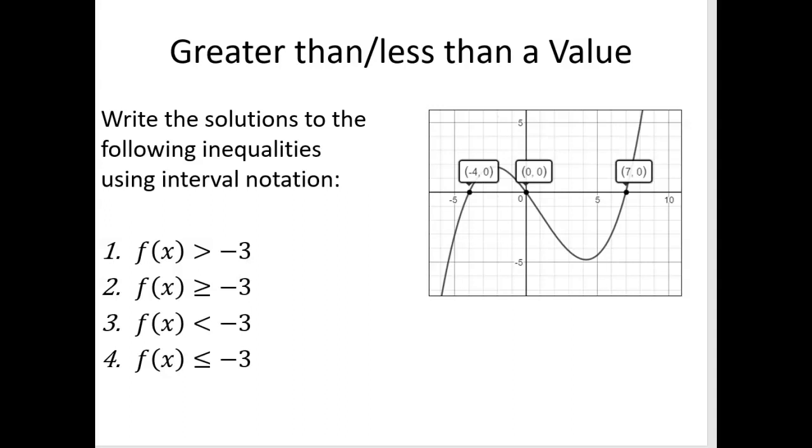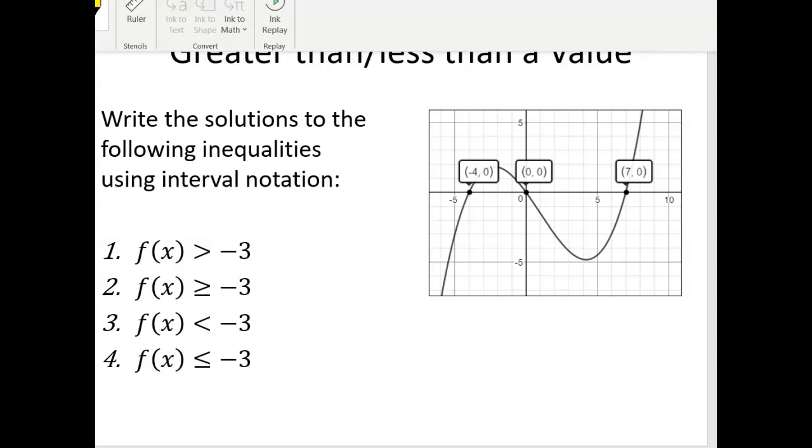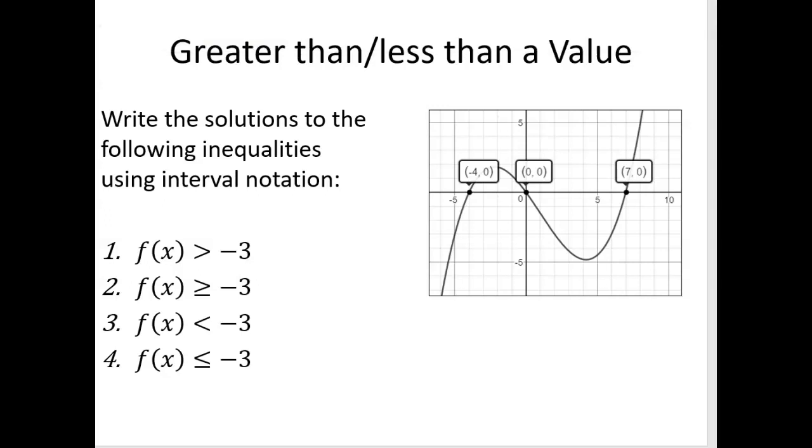So we have done this type of skill before, but we used 0 in a previous video. So we are talking about greater than or less than, but now we're going to put in a different value. So what we're going to do here is look at this -3. So I'm going to go ahead and draw a line across at -3.